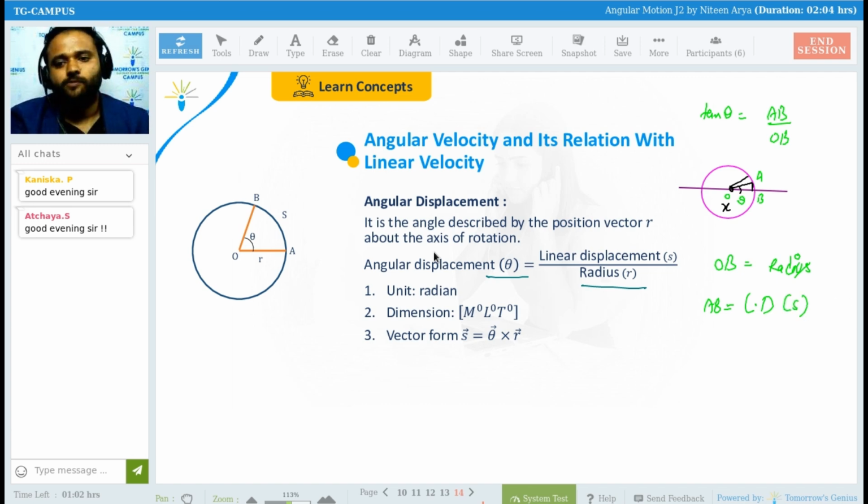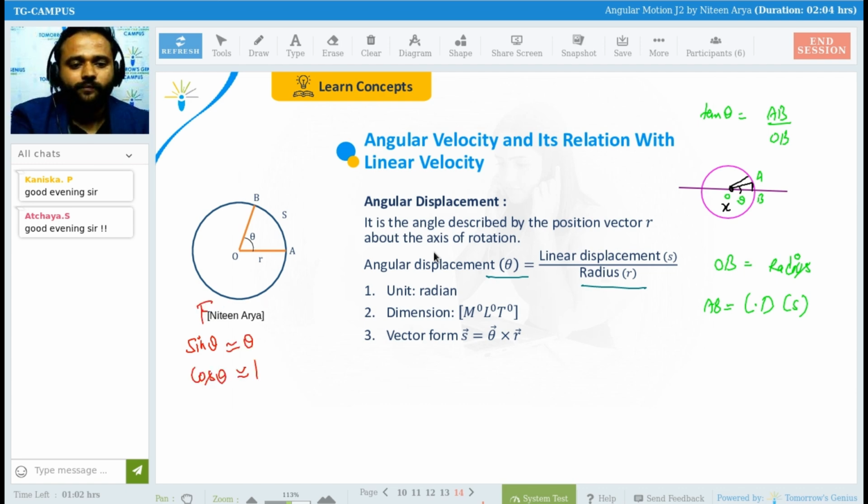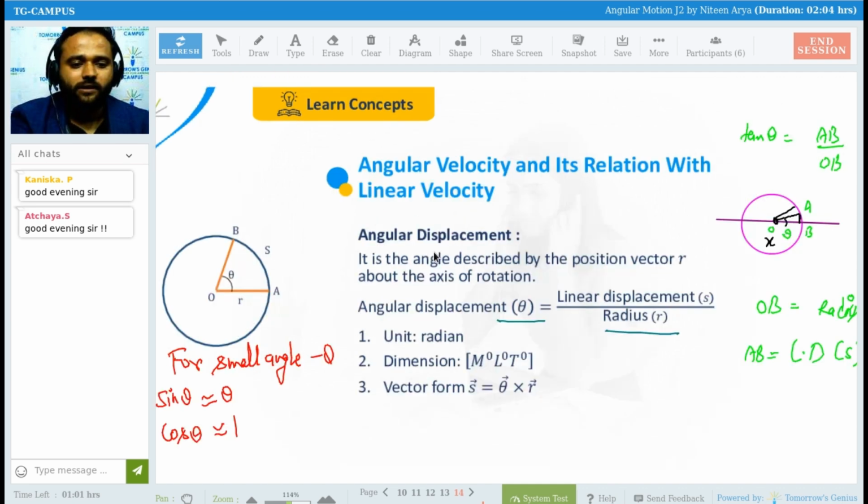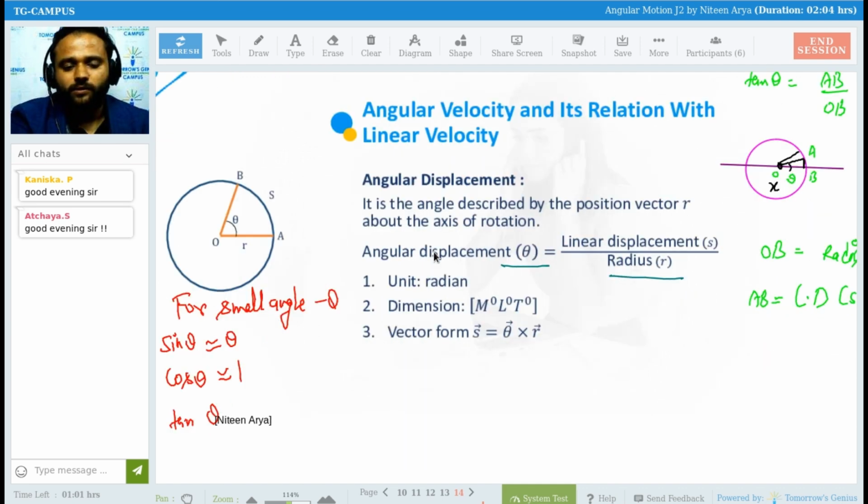So from the small angle approximation, which I already gave you, sine theta and cos theta go to 1 for a small angle theta. So tan theta, which is sine theta divided by cos theta, is going to be theta already.